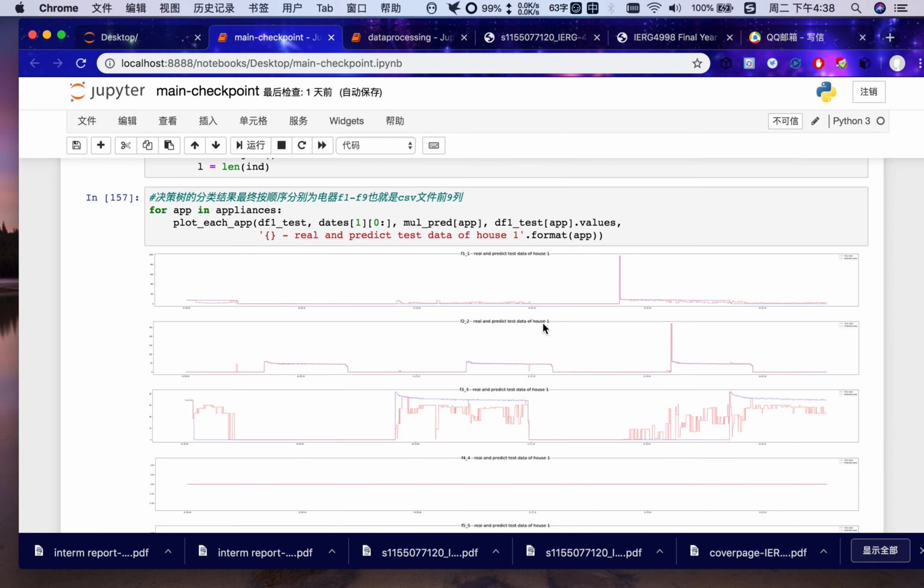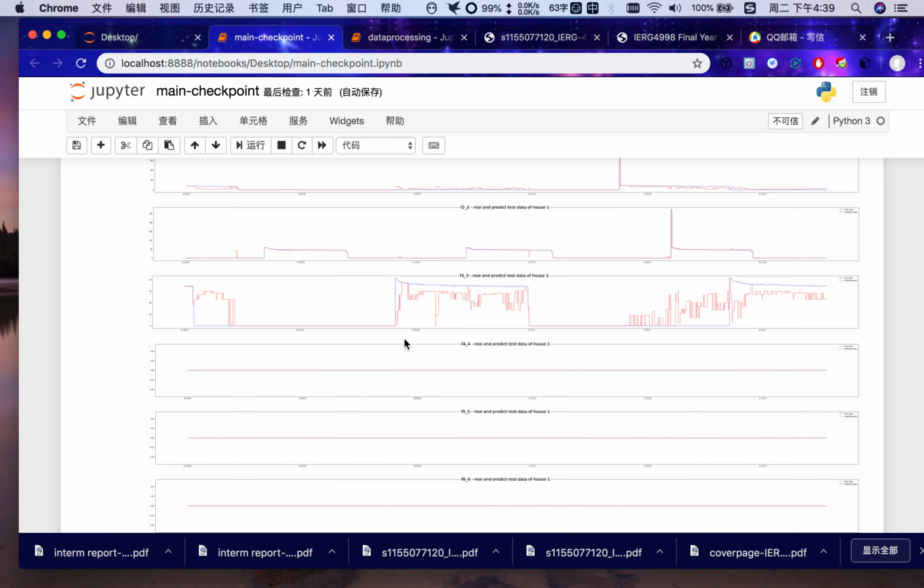From these, you can see the curve predicted by the regression method has a similar trend. But in a period of time where the real values have a high frequency and are bounded, it cannot predict very well.